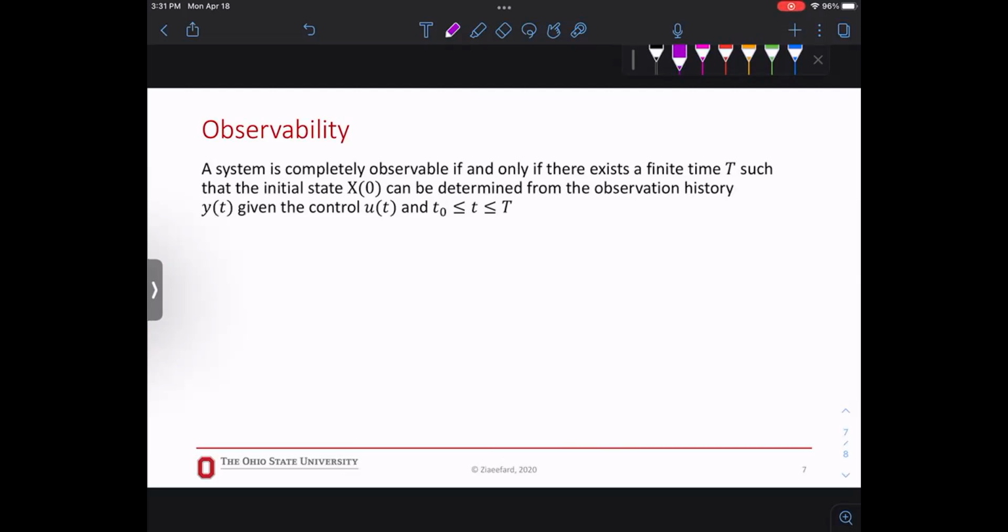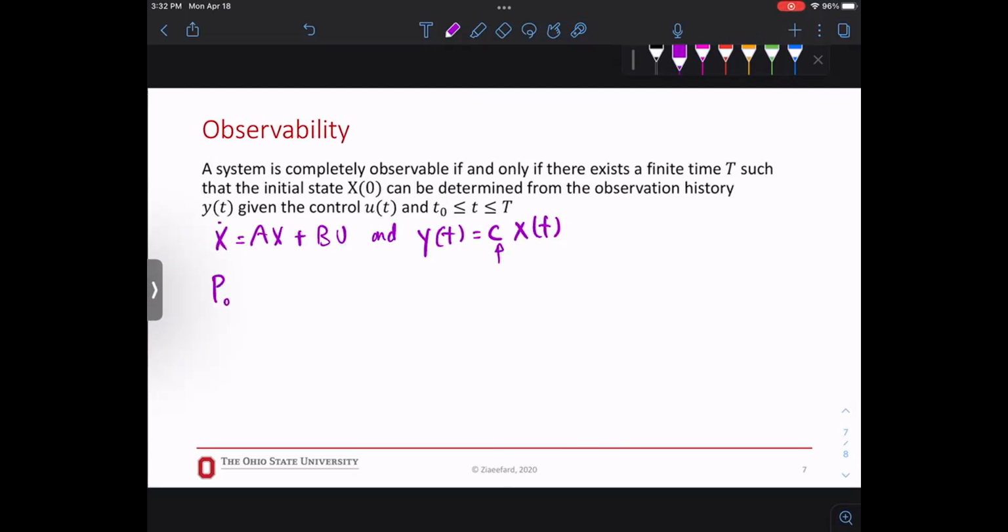Now let's see, can we create another matrix that we can use for observability? So if you have a system with x dot equal to Ax plus Bu, and here the output is important, right? y of t is C of x of t. So we know that C is going to play a role here.